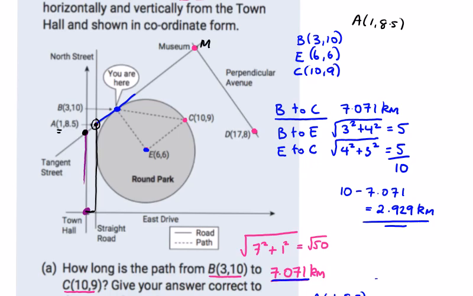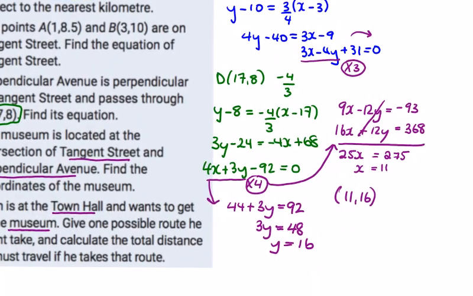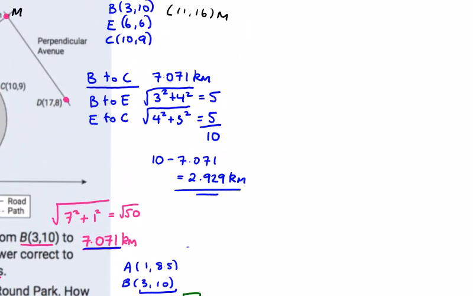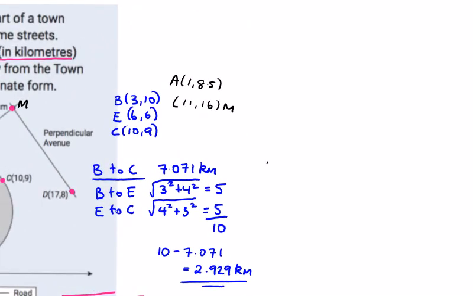We'll call this the point M. We got (11, 16), didn't we, for the museum? Just double check. (11, 16) for the museum. And we want to find the distance between these two and add 9.5. So 9.5 plus the square root of the change in x squared, which is 10, and the change in y squared, which is 7.5.